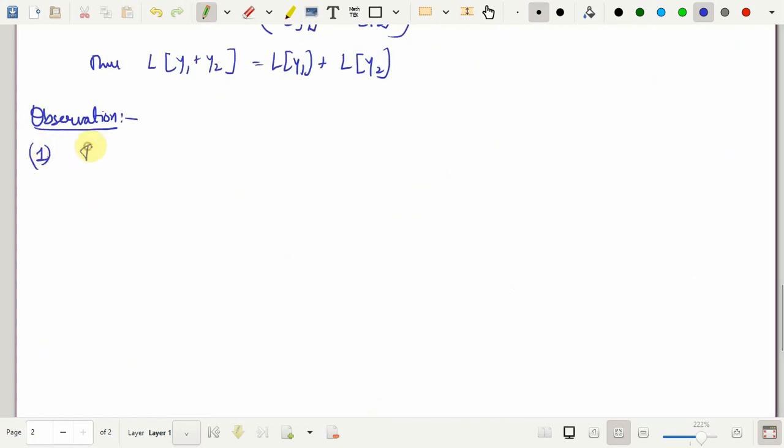The solution, okay, we will talk about in general, first we will talk about the homogeneous differential equation.